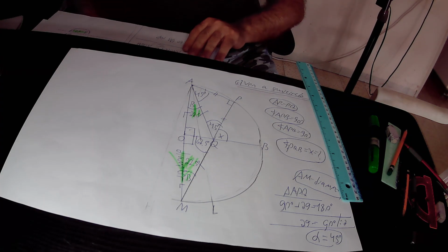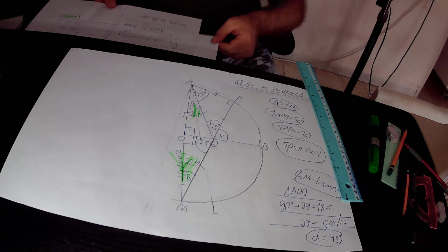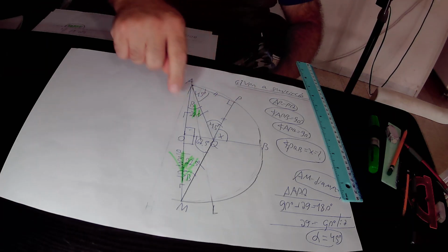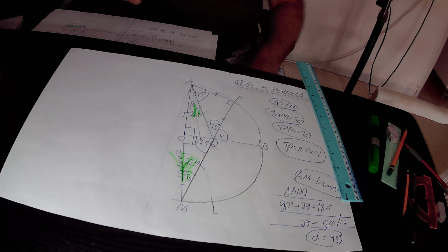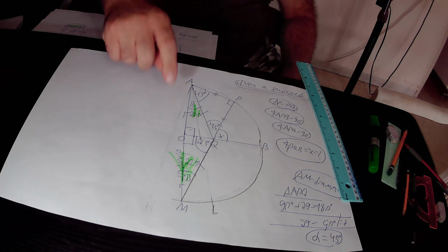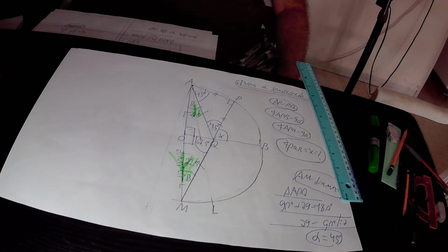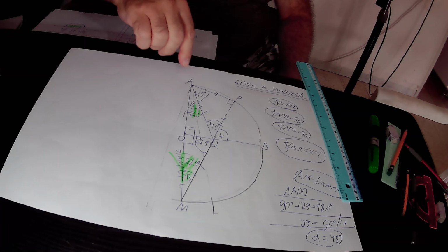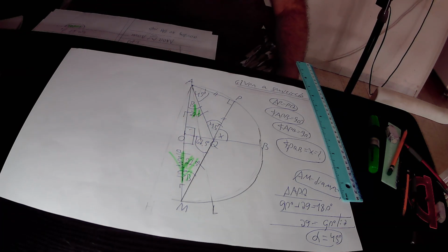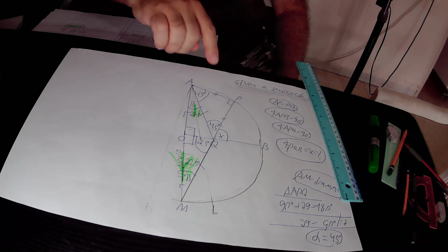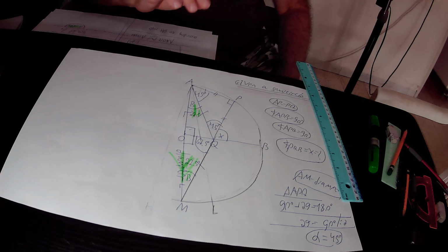First of all, we completed the quarter circle to a semicircle, and we define this point as point M. So AM is the diameter of the semicircle according to our construction, because we completed the quarter circle to a semicircle.